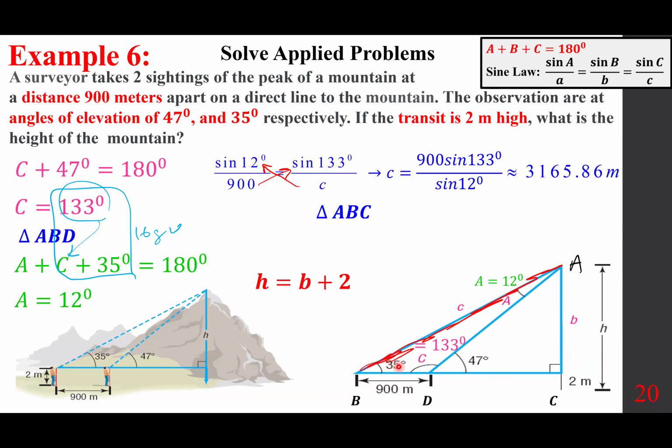So sine of that is b over c, and c we found to be 3,165.86 meters.